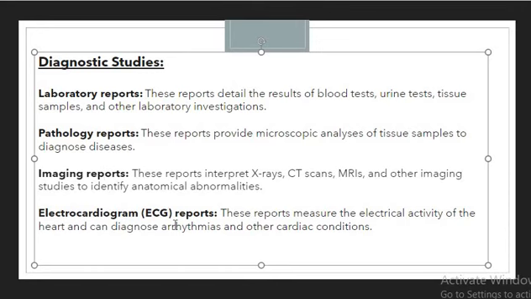Then we have ECG report. These reports measure the electrical activity of the heart and can diagnose arrhythmias and other cardiac conditions. Okay, so these are all the sources which act as a medical document, and then these documents are utilized in order to convert the information into medical codes.